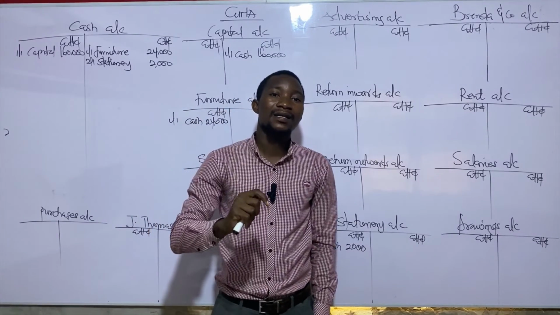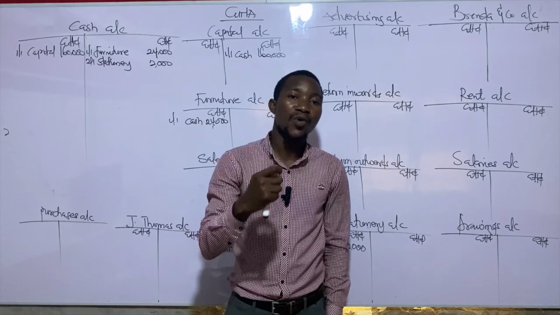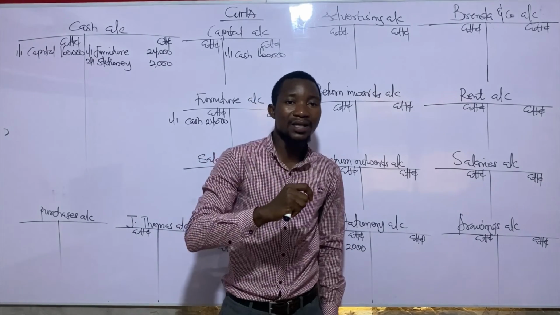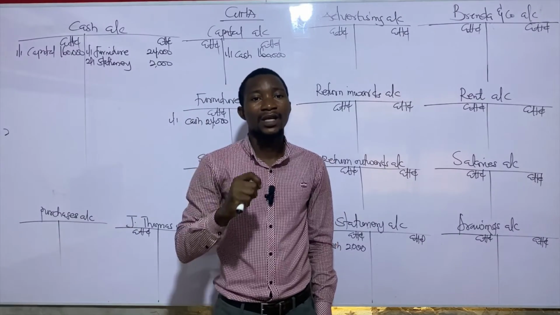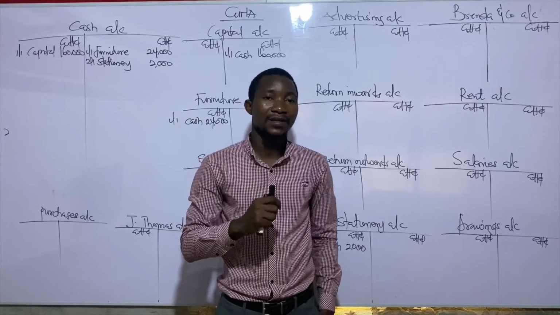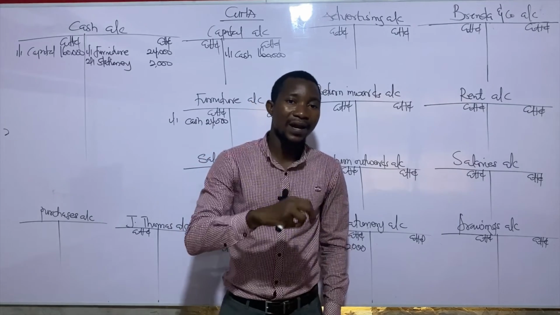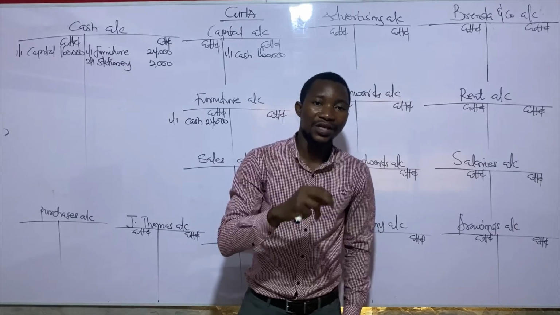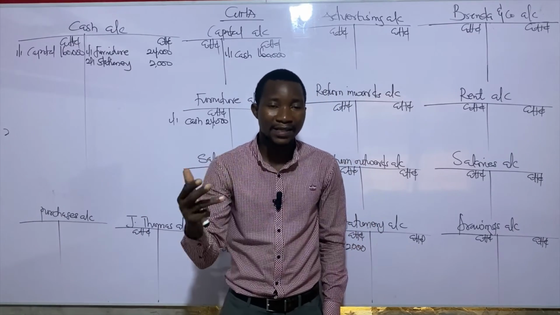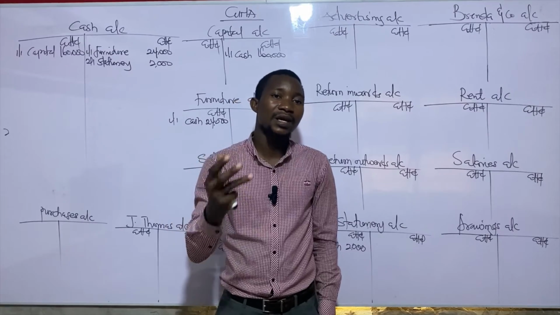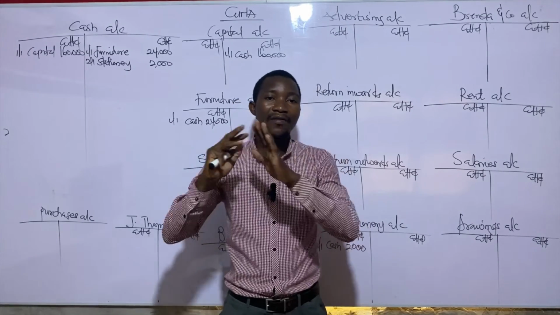I said that accounts have 3 broad classifications. We first of all learned that an account is just a page of a ledger. And these accounts are classified into 3 broad headings. We have the personal account, the real account, and the nominal account. Personal account records transactions relating to persons, for example, debtors and creditors. So this rule says that we debit the receiver and credit the giver.